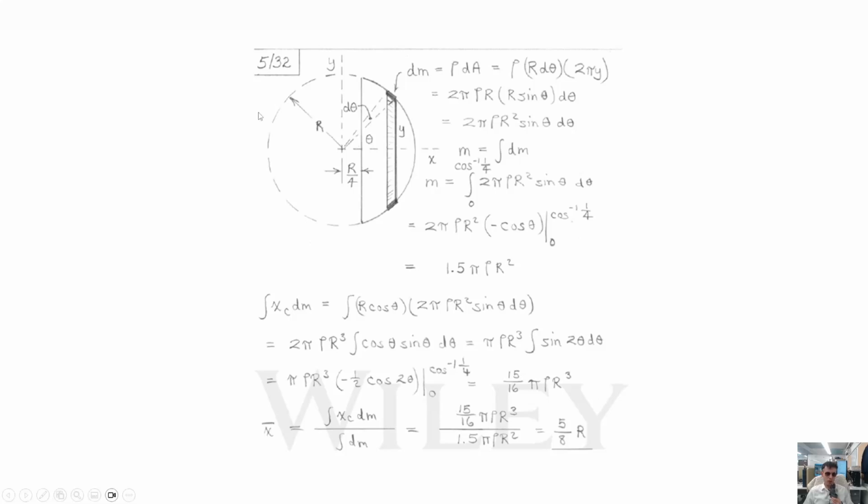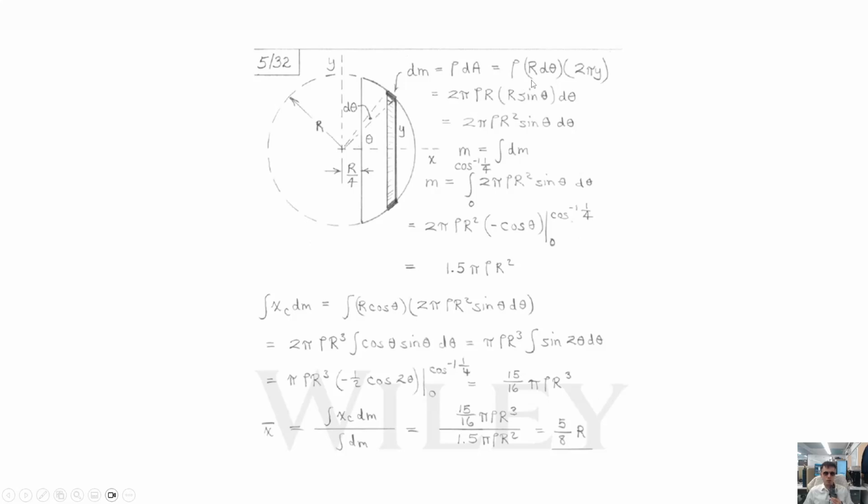And how much is this arc? It's r d theta. And we also have the shell thickness, which is t. So that will be the volume.